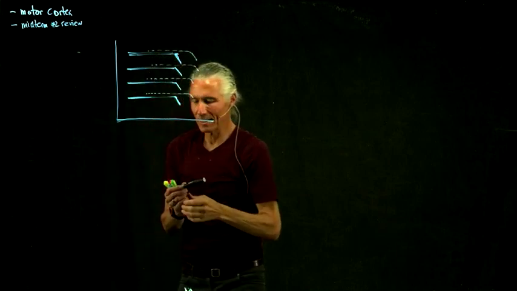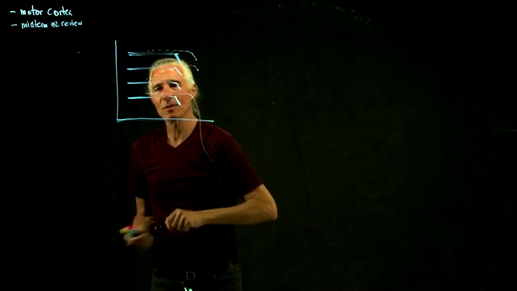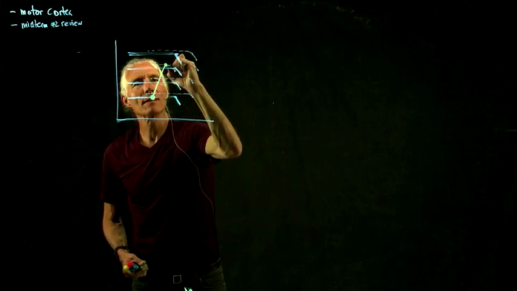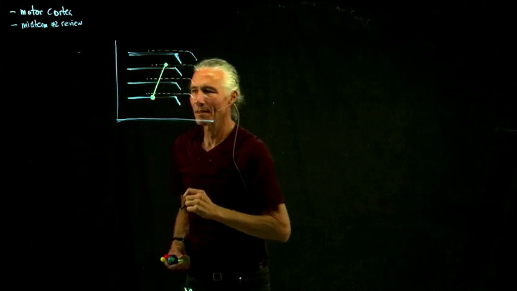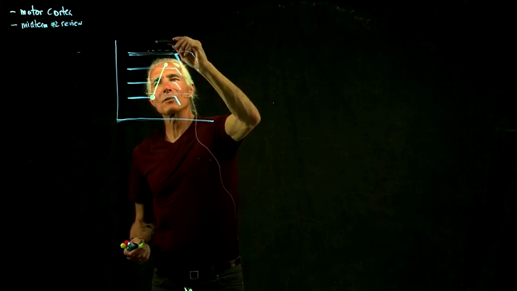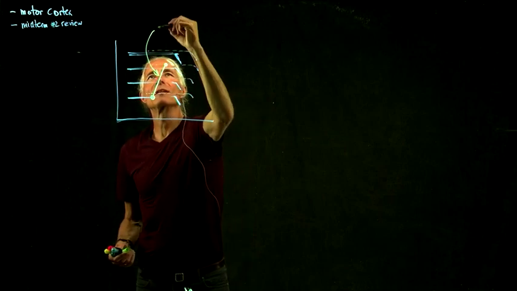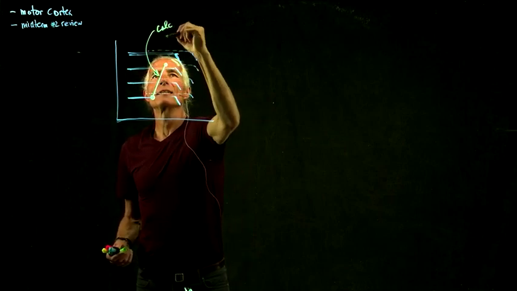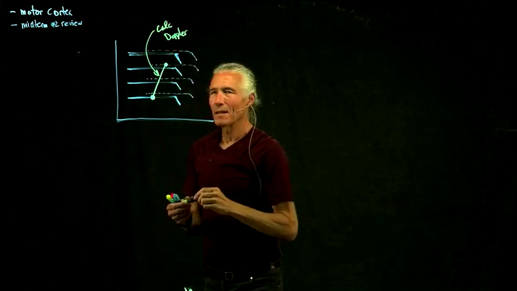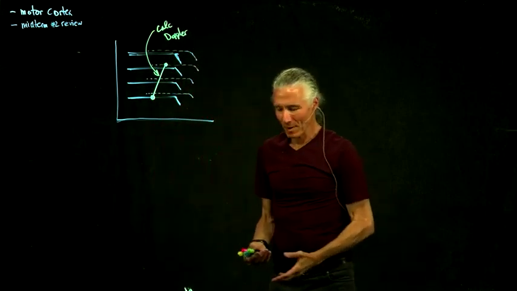And what it does to do that, it compares the frequency of one of its outgoing calls to the frequency of one of the echoes. And so it's using this to calculate Doppler. So that's what the bat's doing. But what is the problem for the bat?